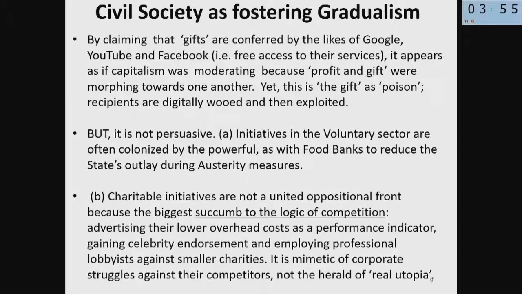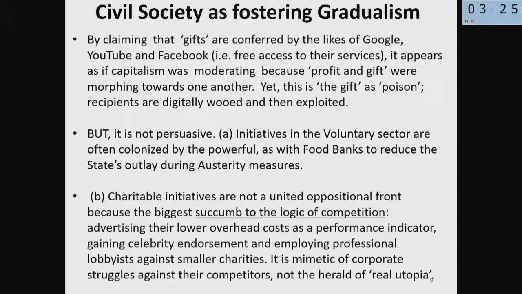As I said this morning, this is the gift as poison, because recipients are digitally wooed by this free gift and then cold-bloodedly exploited. But as an argument, it's not even persuasive, because initiatives in the voluntary sector are very often, as Habermas pointed out, colonized by the powerful.